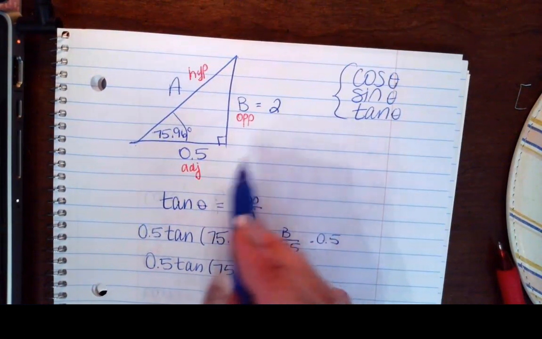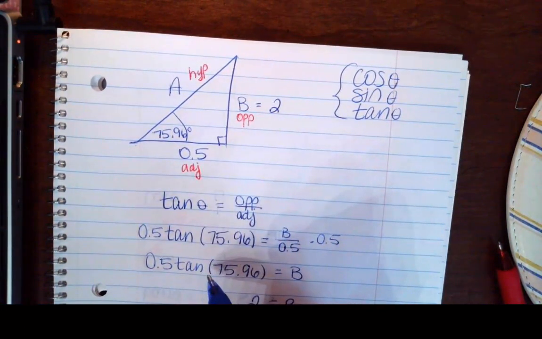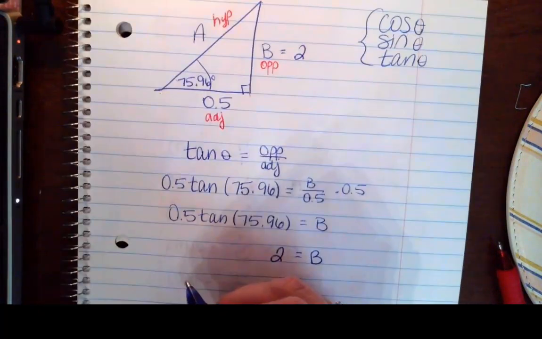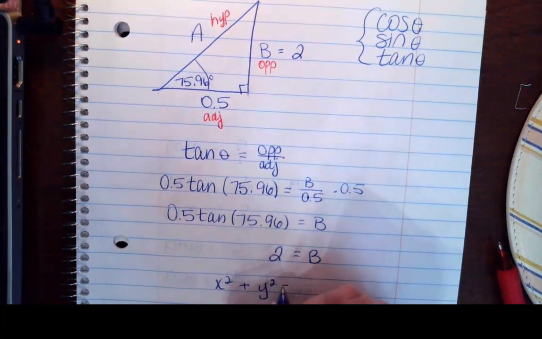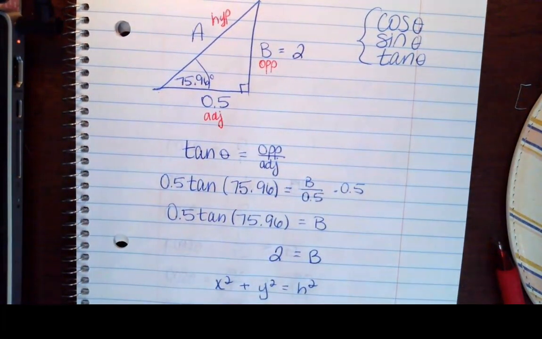So now guess what we have? We have 2 sides of a right triangle. If I've got 2 sides of a right triangle, I can find the remaining side using the Pythagorean theorem. So x squared plus y squared is the hypotenuse squared.